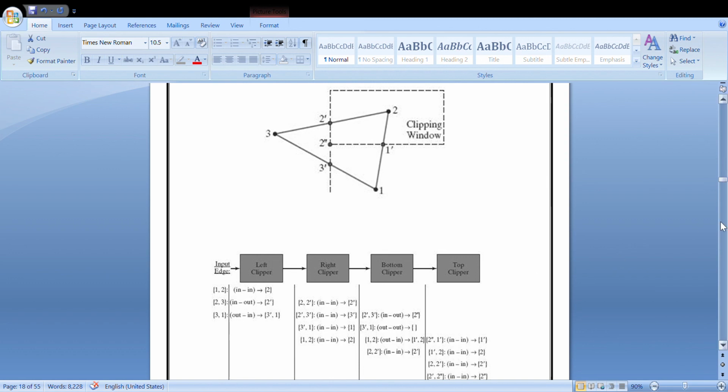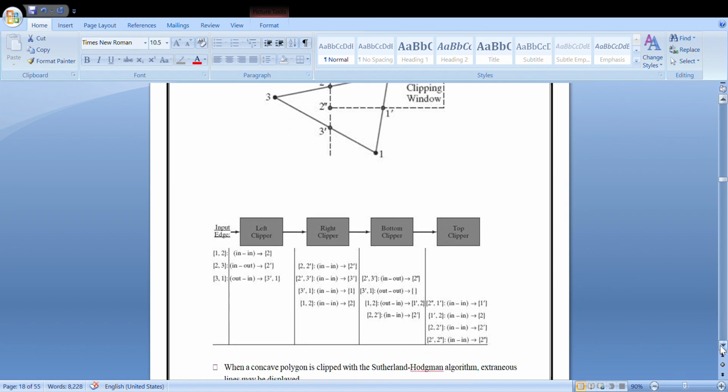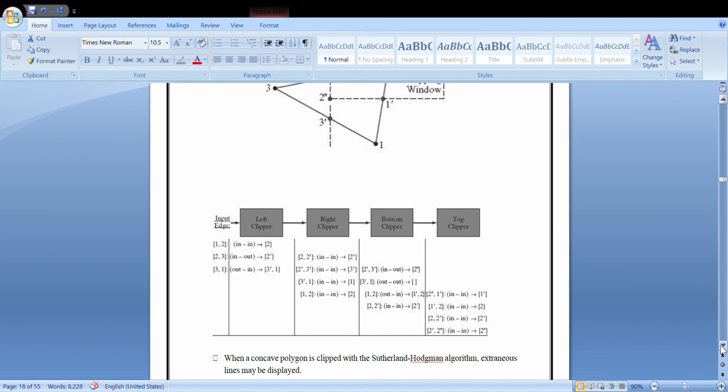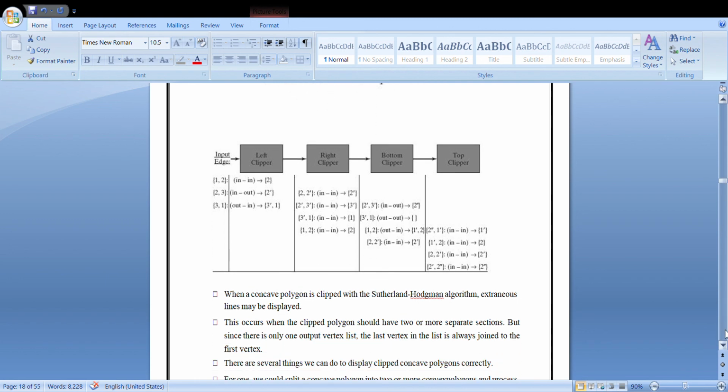So in this way we have to perform it for all the clippers. I will take the same example and step by step I'll prepare a video and send it; that is the next video I will be sending. So this was just the explanation of how the Sutherland Hodgman algorithm works, and this is very important.